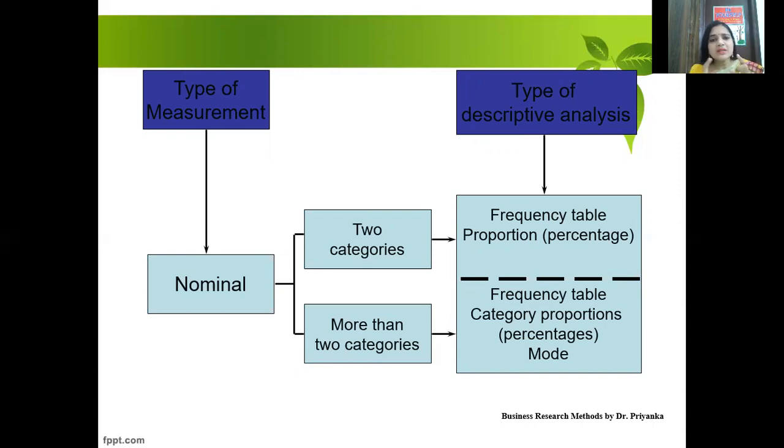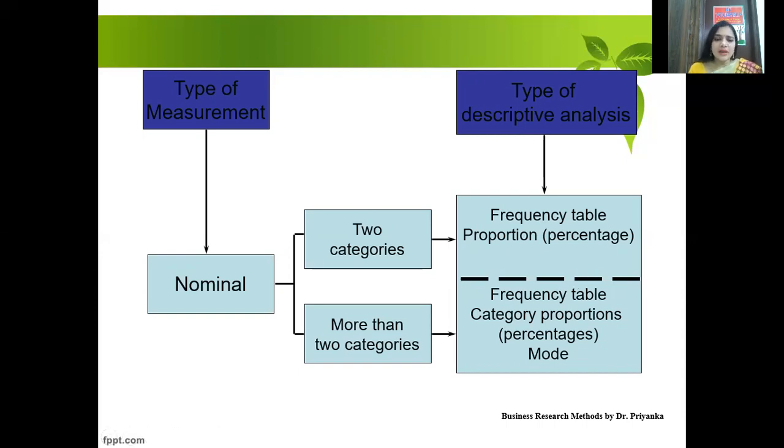One category is below 20, then 20 to 40, and then above 40. Now you want to check what kind of criteria they have, the way they think as per their age. Then you can either go with the same thing, frequency table, or category proportions, that is again percentages, or mode.